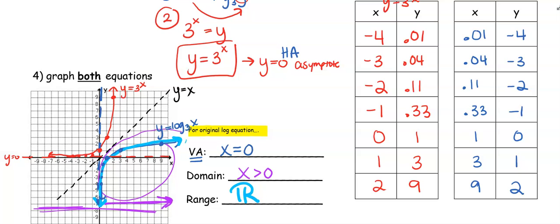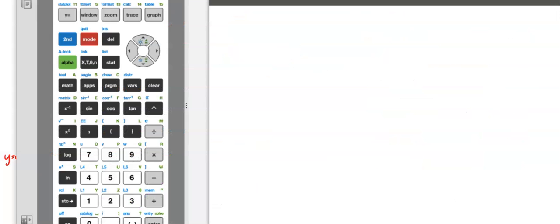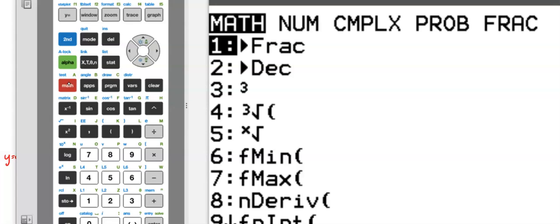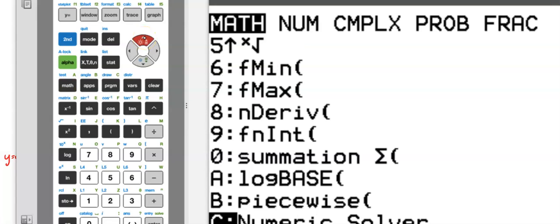All right, now let's see if you are one of those lucky people that have this in your calculator. I'm just labeling that vertical asymptote. If we go to our calculator, and if you hit the math button, we're actually going to go all the way down. So I'm going to arrow up because when I arrow up, it brings me all the way to the bottom of my list. And I see at the bottom of my list, under A, I have log base.